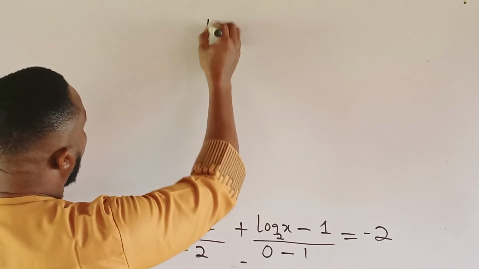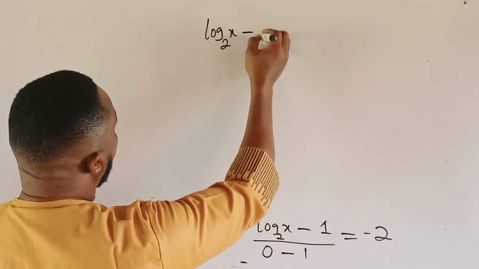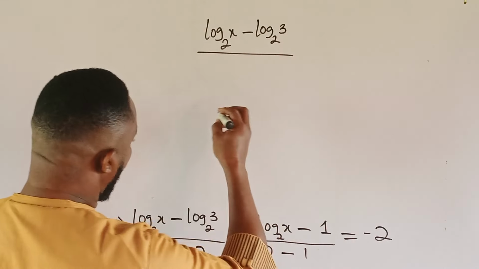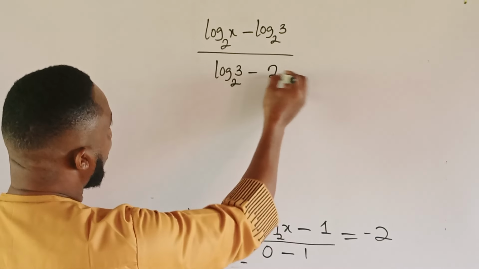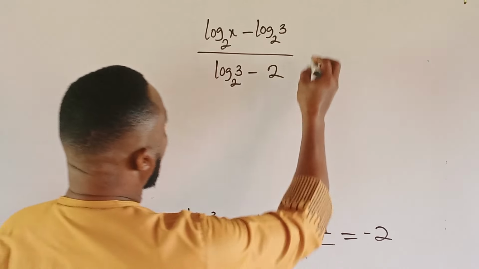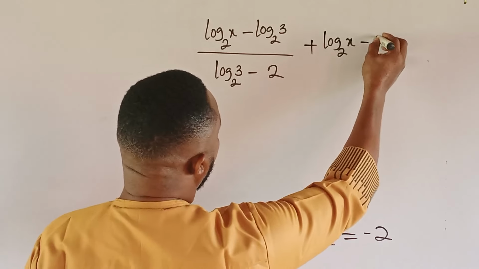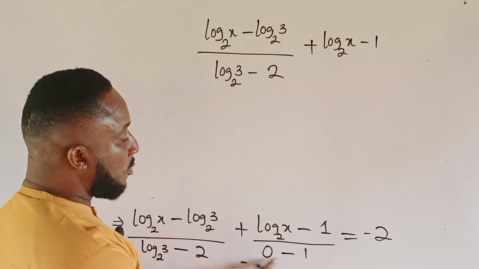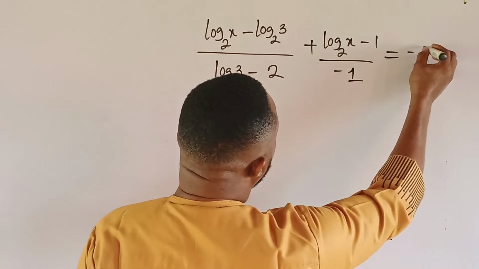We have log to base 2 of the argument x minus log to base 2 of the argument 3, all upon log to base 2 of the argument 3 minus 2. Then on the numerator here we have log to base 2 of the argument x minus 1, and at the denominator we have 0 minus 1, which is also minus 1. Everything equal to negative 2.